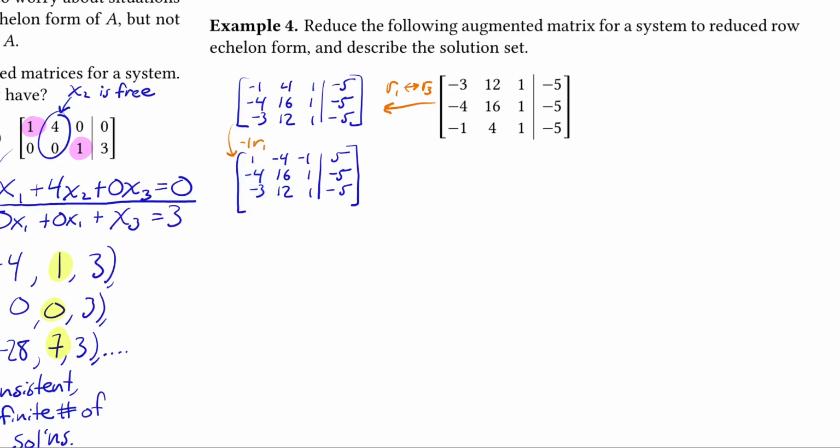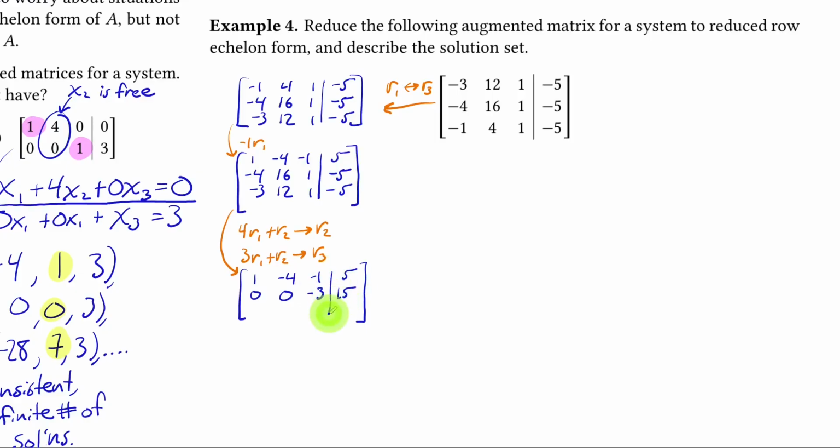So we can do two row replacement operations. Row 1 is unchanged. Row 2 is now 4 times 1 plus negative 4 is 0. 4 times negative 4 plus 16 is also 0. 4 times negative 1 plus 1 is negative 3. 4 times 5 plus negative 5 is 15.